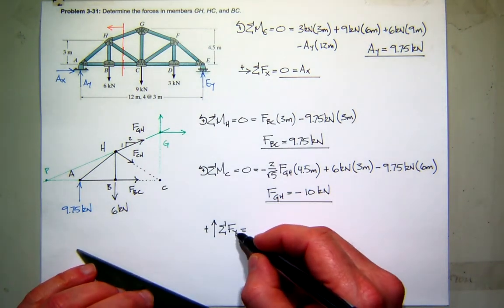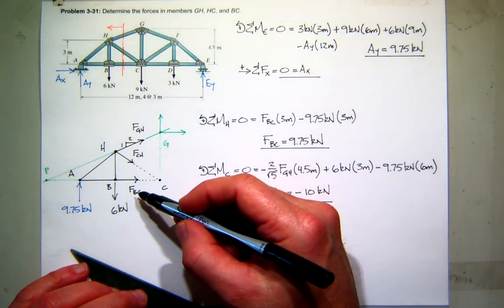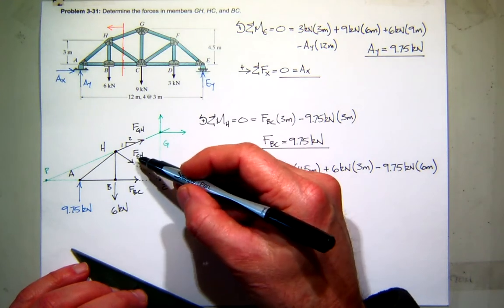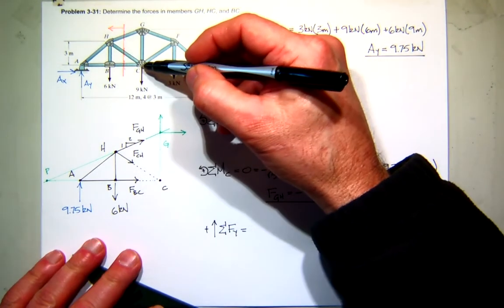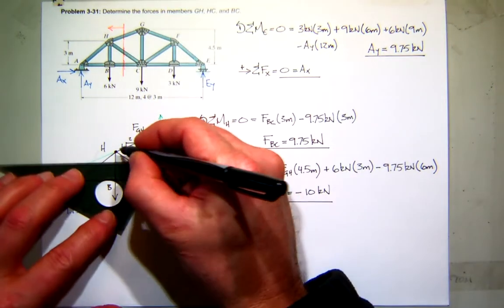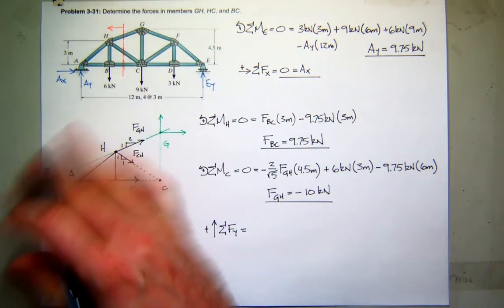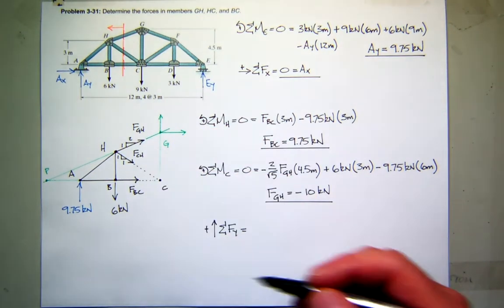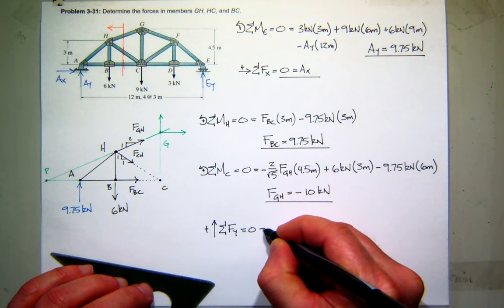So summing forces in the y direction, what do I have? Well, let's see, BC has no y component. CH, what's the slope of CH? It's 3 to 3. Oh, it's 1 to 1. That's easy enough. So the y component would be 1 to the hypotenuse, which is square root of 2, and it's acting down.